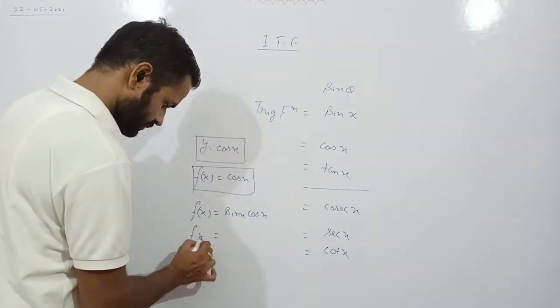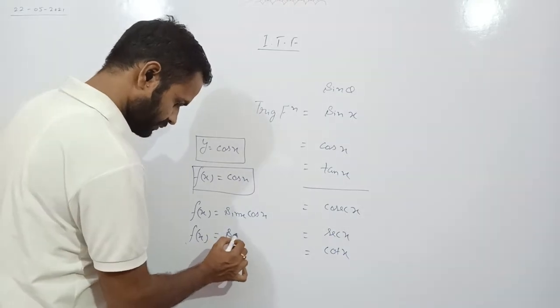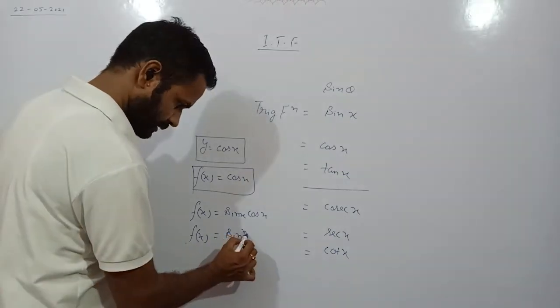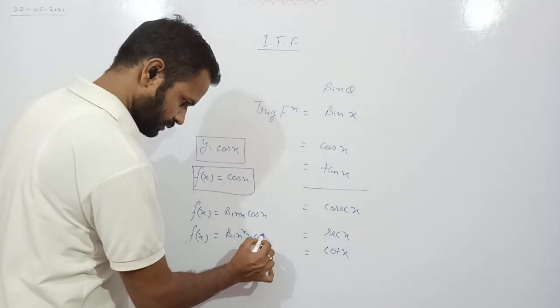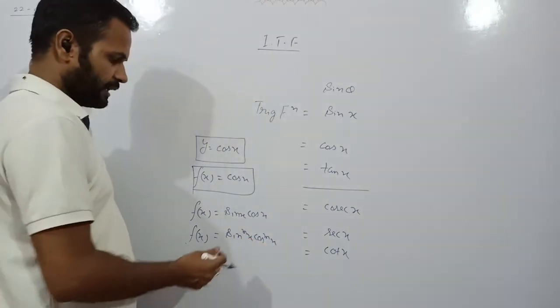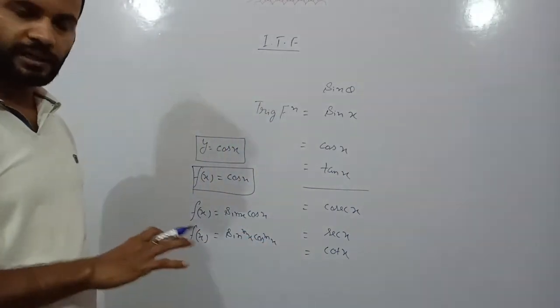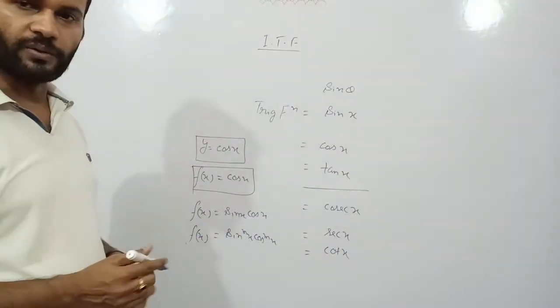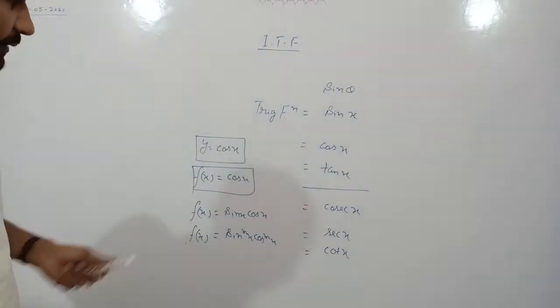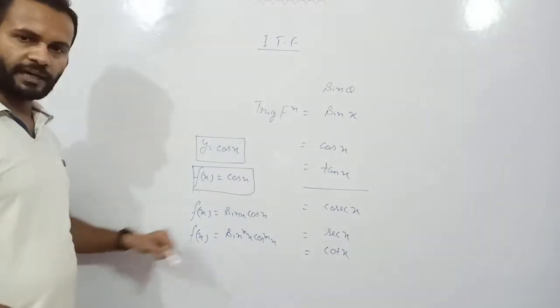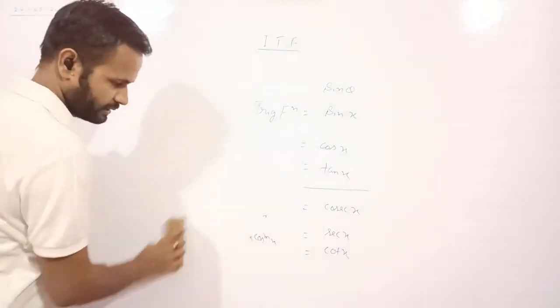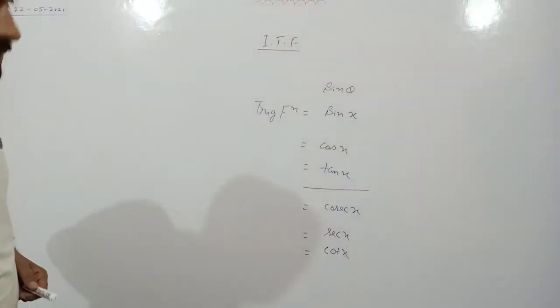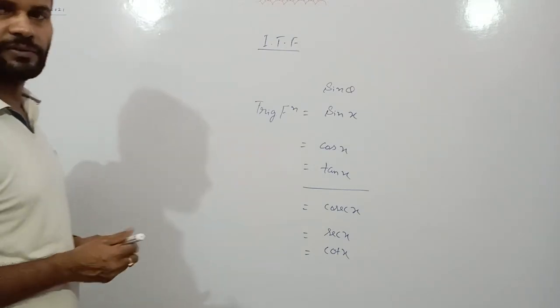In general form, fx equals to sin mx, cos mx. And so many different forms, infinite number of forms can be there. We can create infinite number of trigonometric hybrid forms. So this is not our topic. Our topic is now to understand what are inverse trigonometric function.